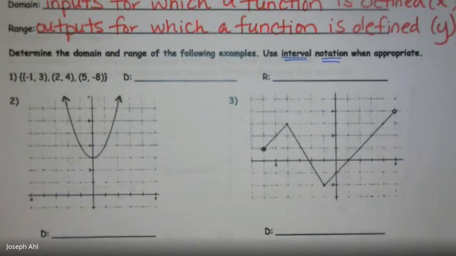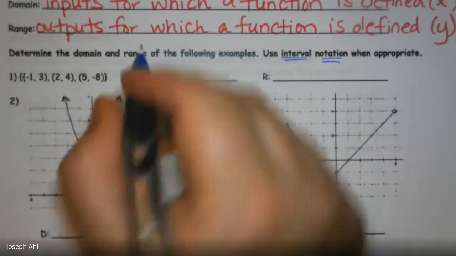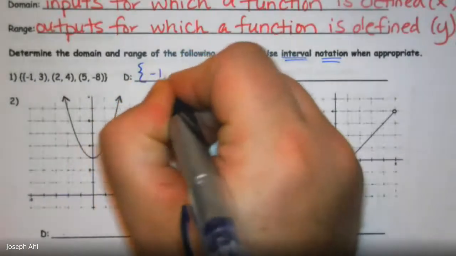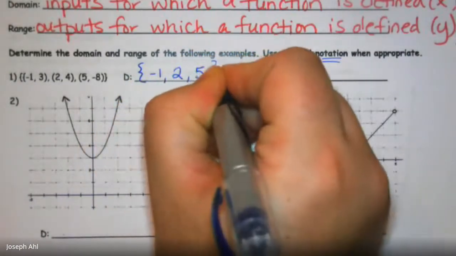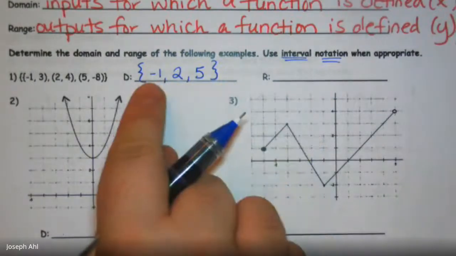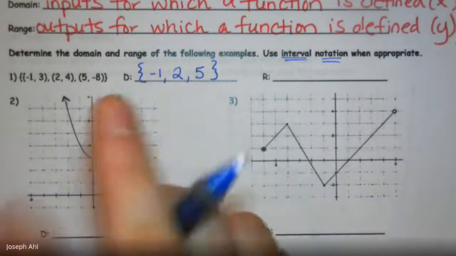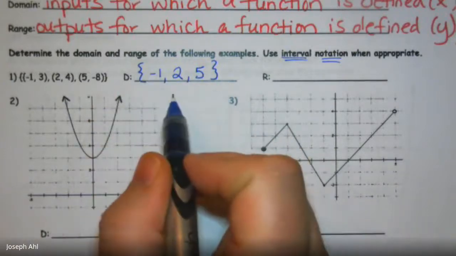So for the very first example, the domain of this function is going to wind up being the set of x values -1, 2, and 5. And the way that you're going to write those is by using curly brackets. The curly brackets indicate it's a set that contains only those three numbers. We don't want to use brackets or parentheses.